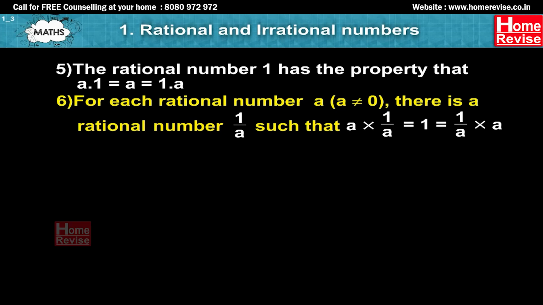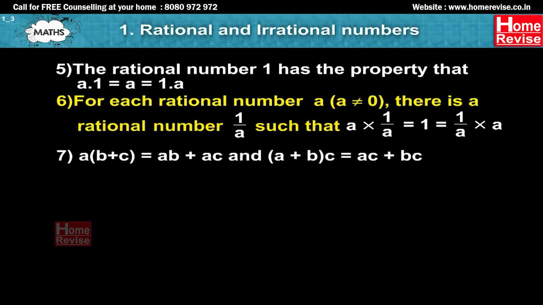Number 7, a into (b plus c) is equal to a into b, that is ab, plus a into c, that is ac, and (a plus b) multiplied by c is equal to a into c, that is ac, plus b into c, that is bc.